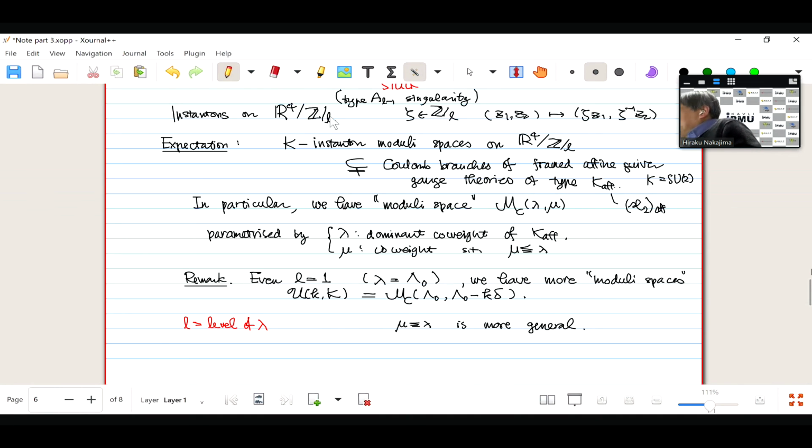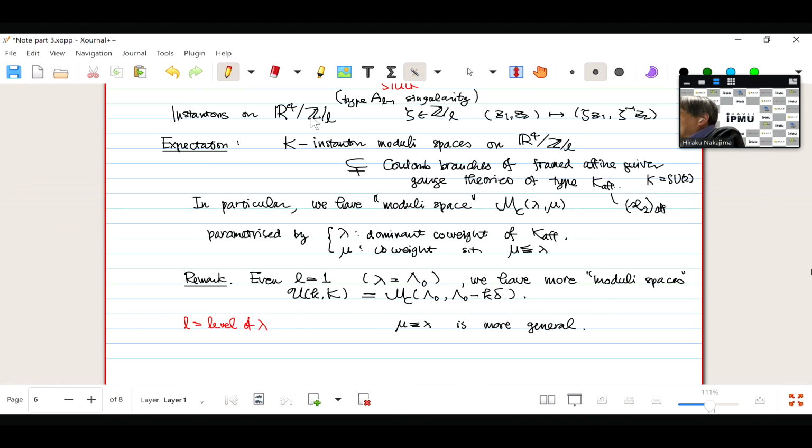For type D or type E, this level-rank duality is behind it, and if we replace this type A singularity by other singularities, we lose even the combinatorial level, we lose the correspondence with the weights of the affine algebra. So we don't even know what the statement of geometric Satake should be for other types of groups.